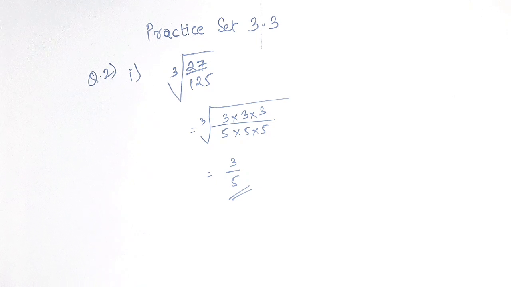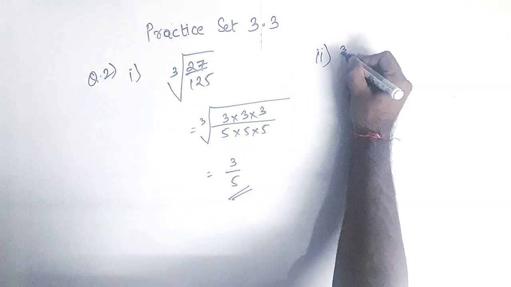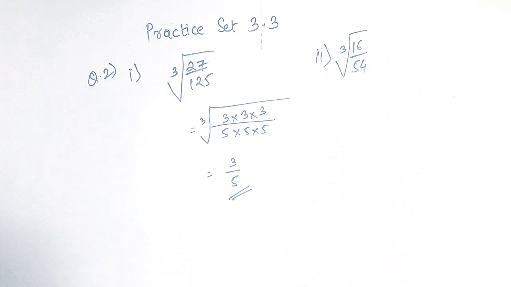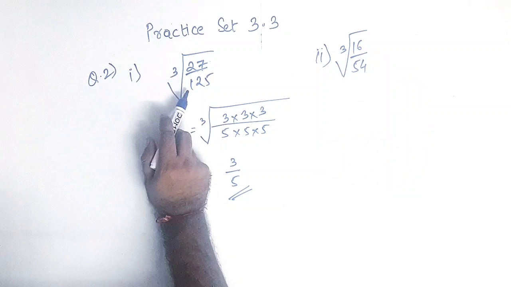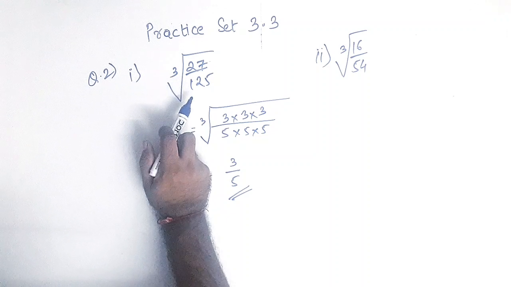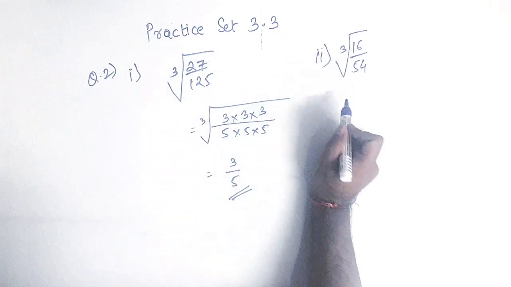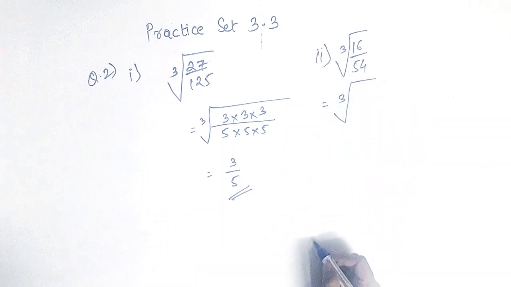Okay, the second question is 16 by 54. So I'll write here the cube root of 16 upon 54. Now children, here we could not have reduced the previous number. 27 and 125 don't have any common factor, but here 16 and 54 are both divisible by 2.